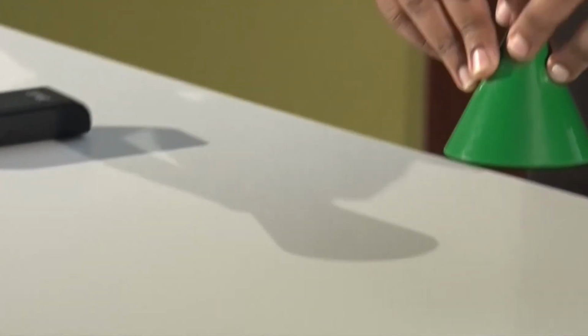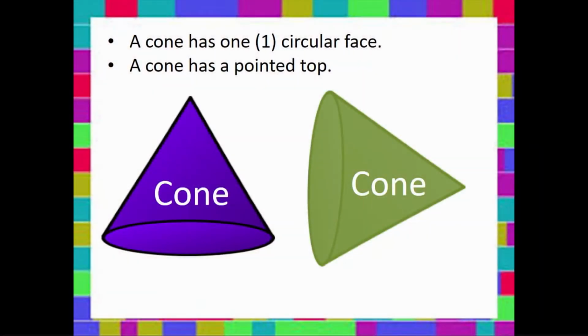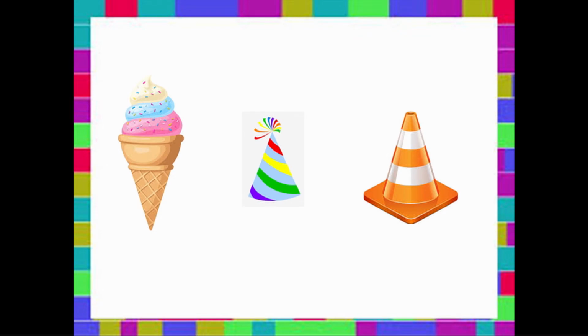Can you think of some things around you that look like a cone? What about an ice cream cone or a party hat? Have you ever seen a cone on the road while driving?